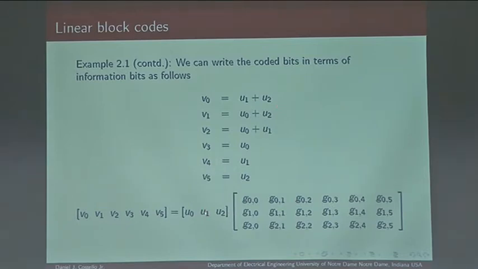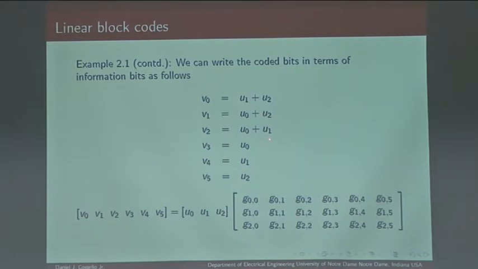Okay, so that means that we get V0 by multiplying this input information sequence by the first column of this matrix. That means the first column should have a 0 here and 1 here and 1 here. Because U0 is not involved in this equation, but U1 and U2 are. And the second column should have a 1 in this position and a 1 in this position, because we're U0 plus U2.